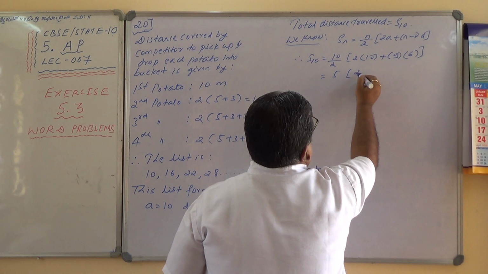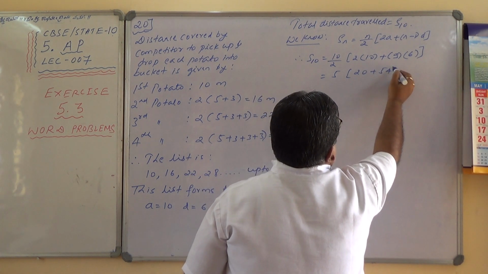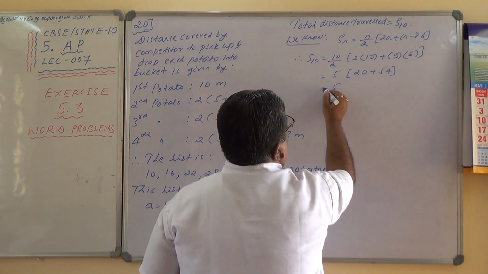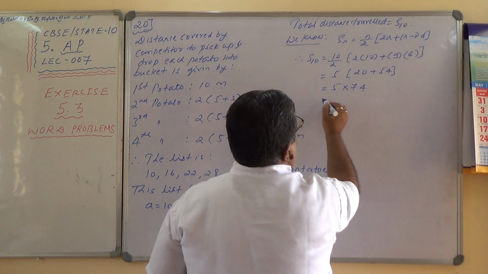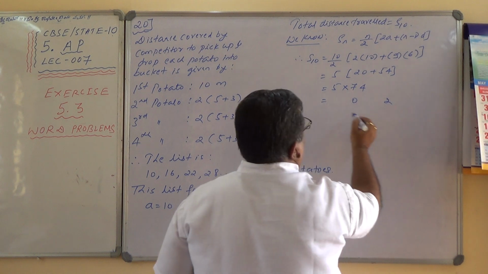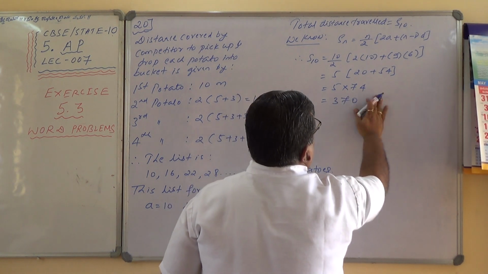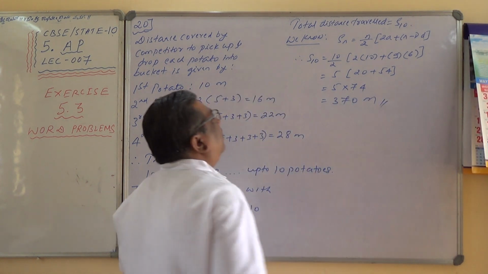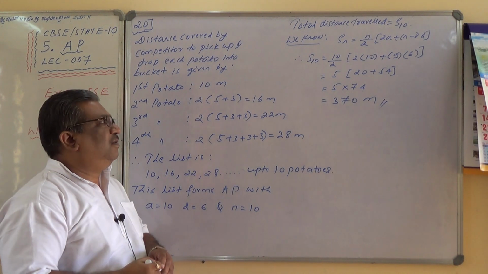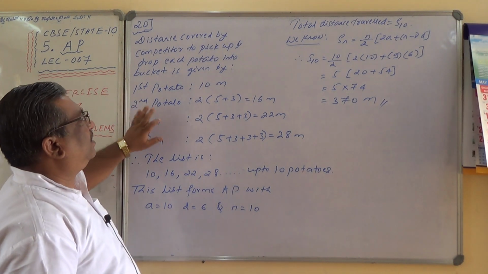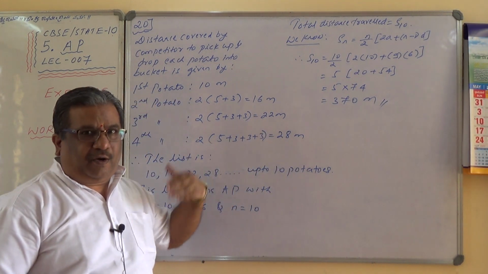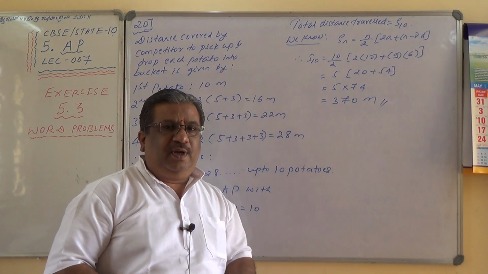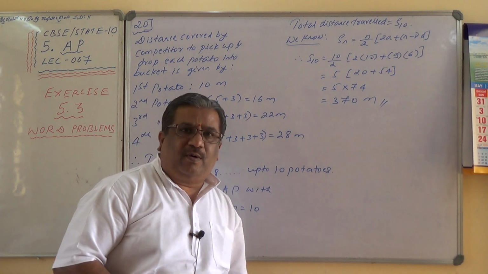That is 5 into 74, which is 370 meters. So the total distance covered by the competitor to pick up and drop each potato up to 10 potatoes is 370 meters. Note down please.